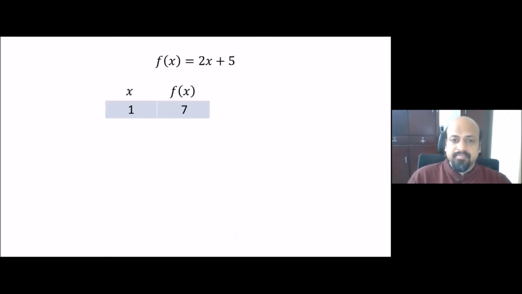Let us consider the simple first-degree polynomial f of x equals 2 times x plus 5. The value of f at 1 is 7, f at 2 is 9, f at 3 is 11, and f at 4 is 13.